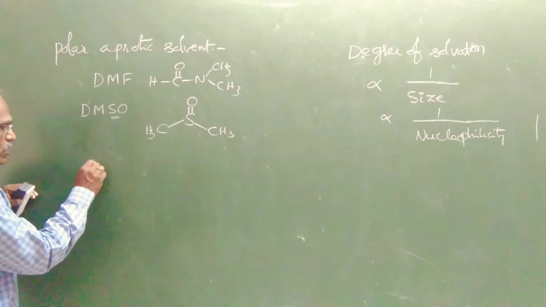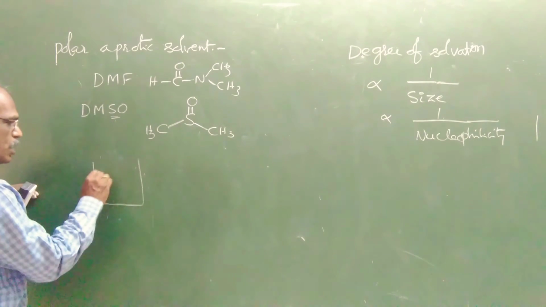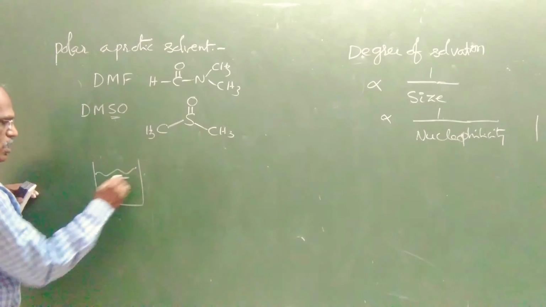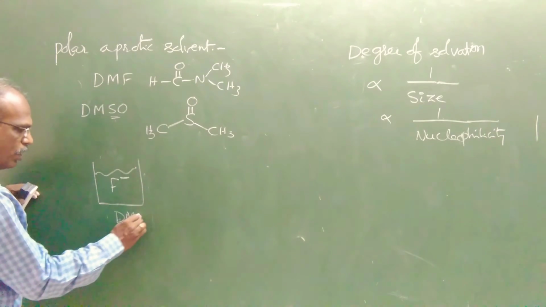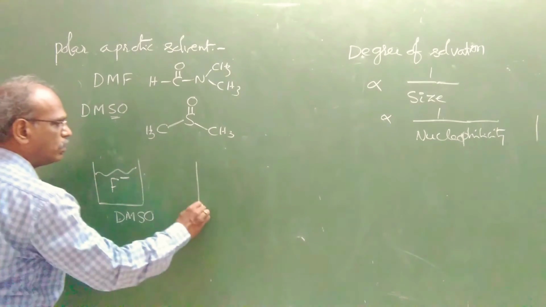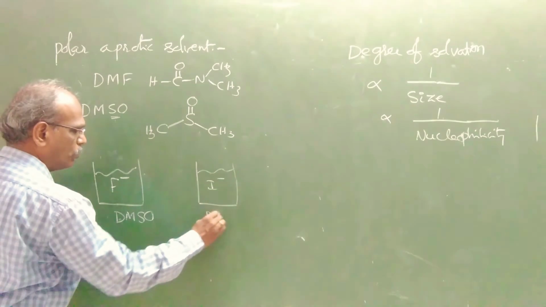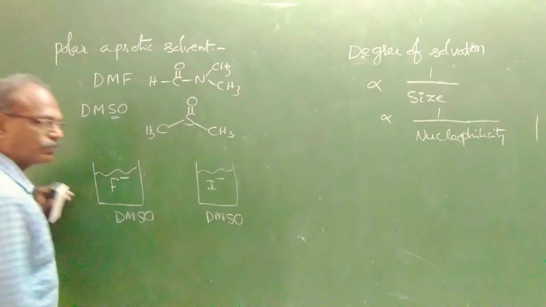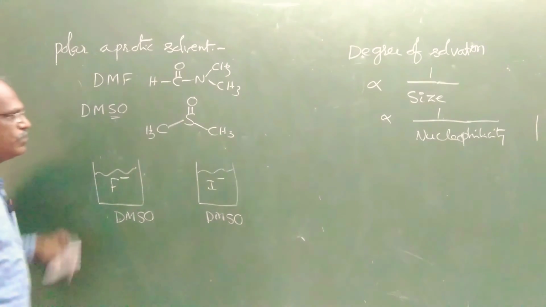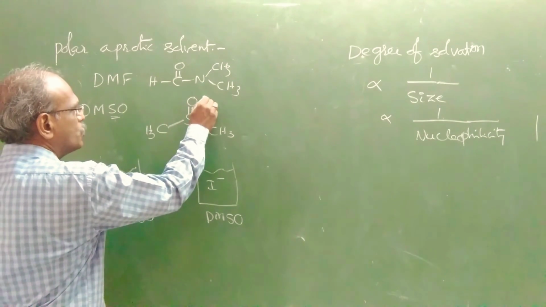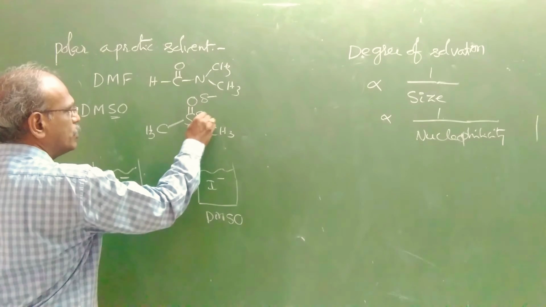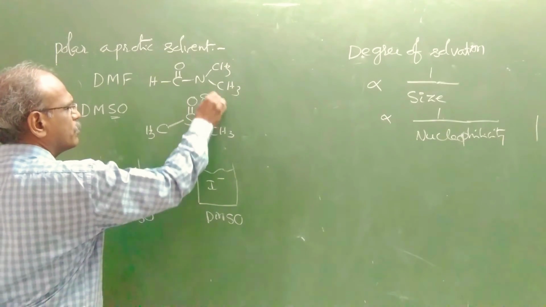Now let us consider F minus in DMSO or DMF, and I minus in DMSO. Now come to this here. In DMSO, the oxygen has delta minus and the other end has a delta plus.